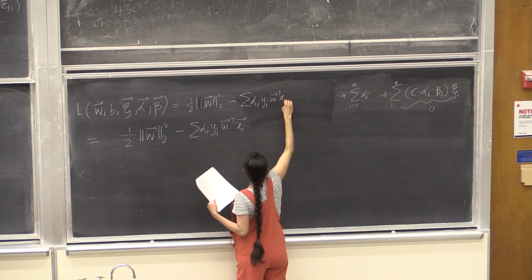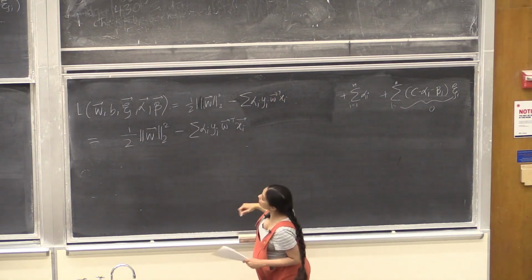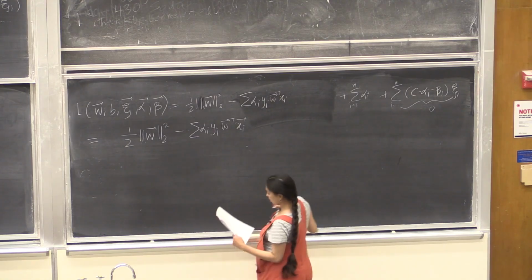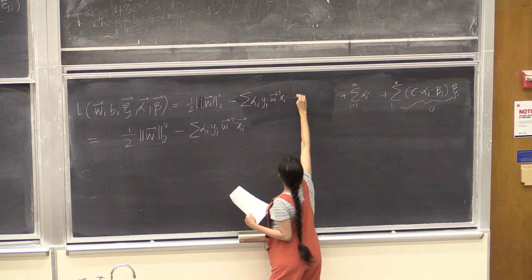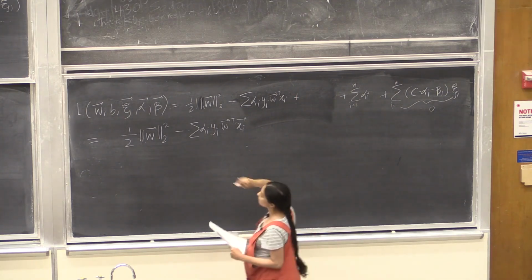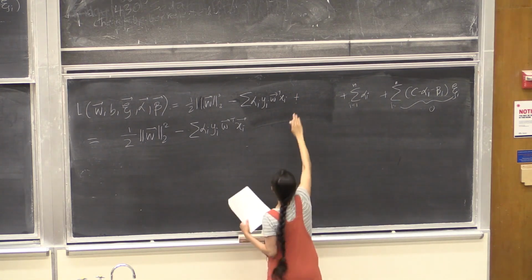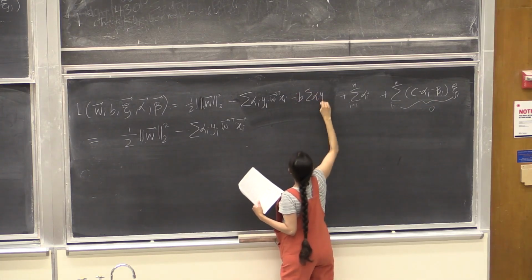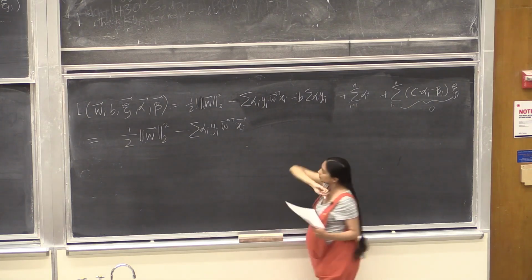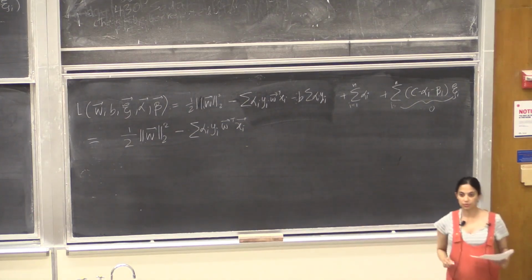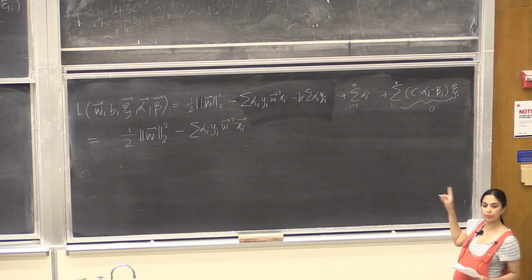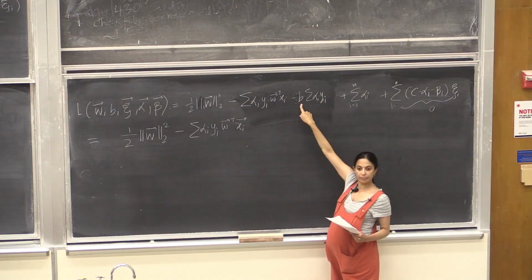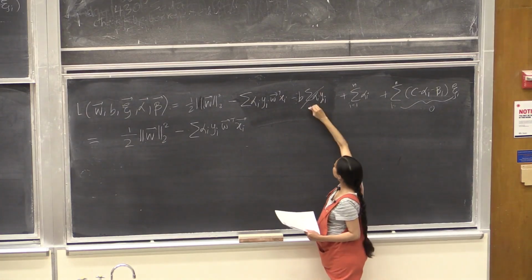And then plus, or no, minus, right? I write this term in two separate things. So I can pull this b out because it doesn't depend on I. So this entire term becomes 0.